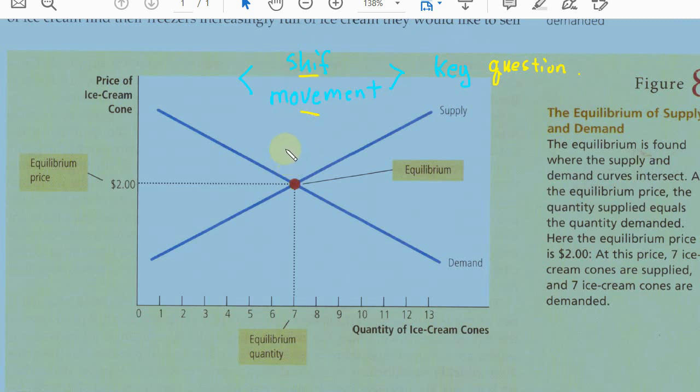I expressed this in my previous class at school, which was also broadcast by Zoom, and the midterm key question is to distinguish shift and movement by example.